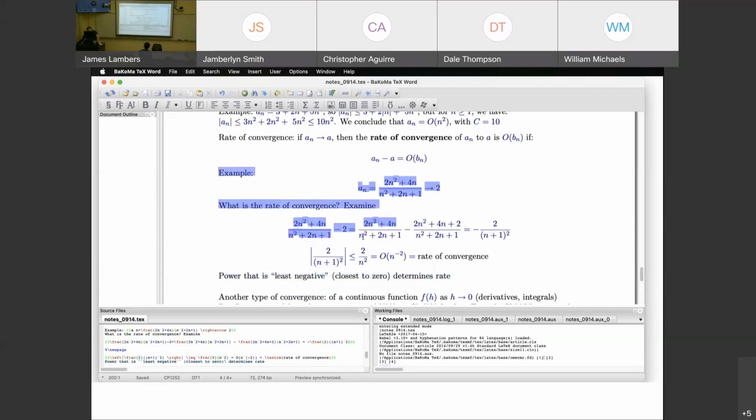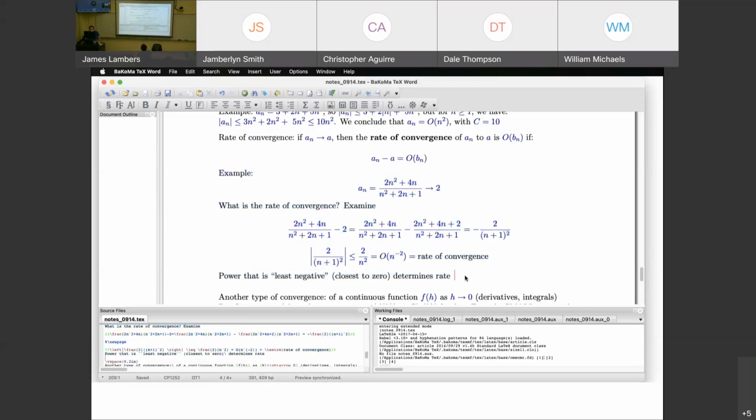So, questions about this example? Professor, I think the sequence a_n is also big O of 1 over n cubed. Yes. But we do not say that the sequence has the rate of convergence of 1 over n cubed, right?